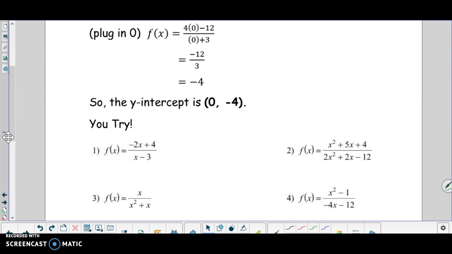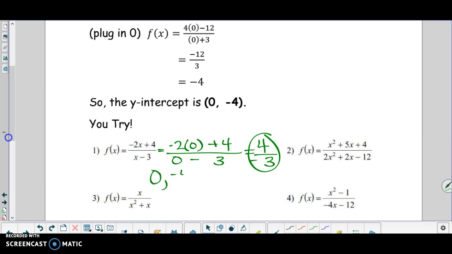0, right? Negative 2 times 0 is going to give me 0. I'll show you what I'm talking about. I'm plugging 0 for anywhere that I have an x, right? This is going to become 0 plus 4, which is just what? 4, right? 0 minus 3 is what? So my y-intercept is at 0, comma, negative 4 over 3.